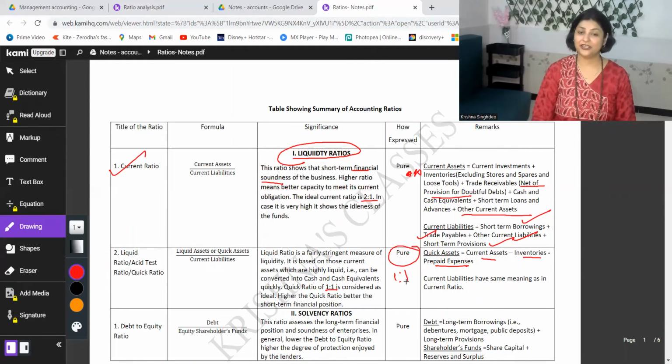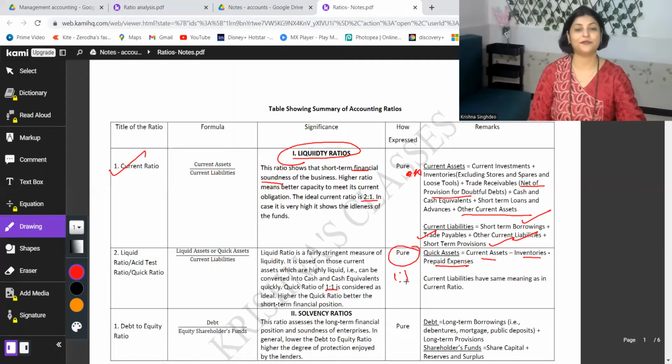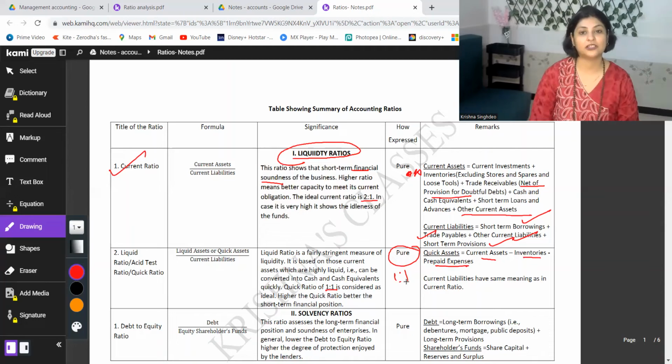And let me tell you one more very interesting and helpful announcement for all of you: this entire chapter, ratio analysis for class 12, I am going to take up, and the book which I will be following is T.S. Grewal sir's book, and I will solve the maximum number of questions possible for you all over here.